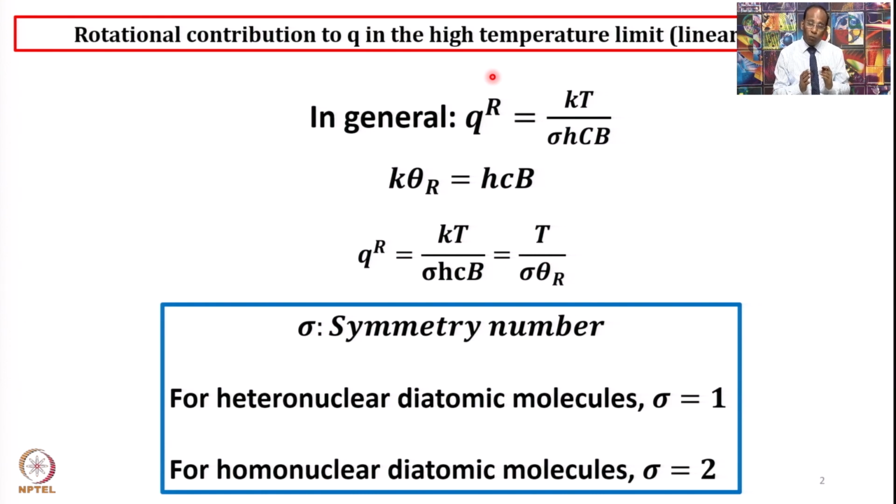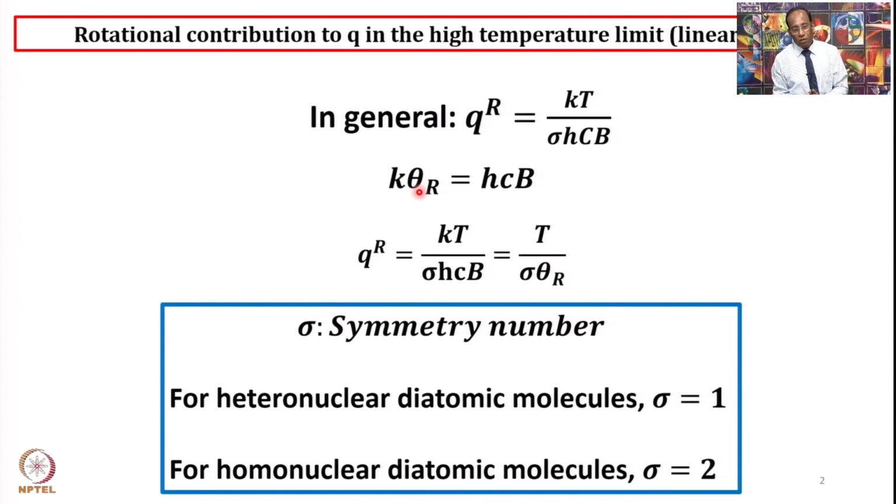Above what temperature that approximation is valid will be decided by this equation. In this equation, theta r is the characteristic rotational temperature. If the temperature is much higher than theta r, then it is safe to assume the high temperature approximation limit. Otherwise, we will have to go by the summation method exclusively.